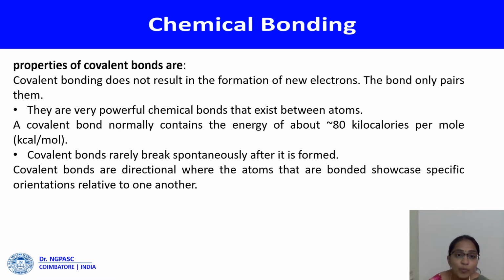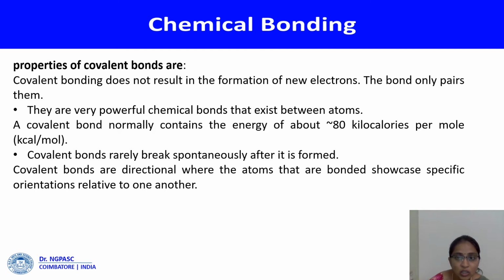What are the properties of covalent bonds? Covalent bonding does not result in the formation of new electrons. The covalent bond only pairs the electrons of the particular atoms or molecules. They are very powerful chemical bonds that exist between atoms.